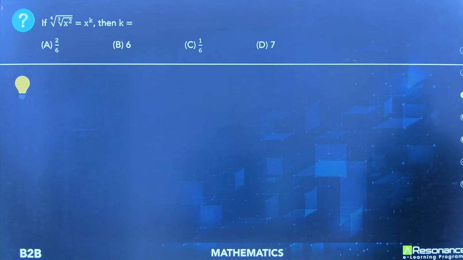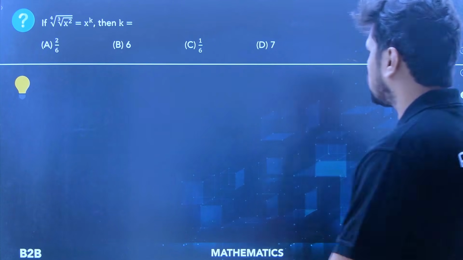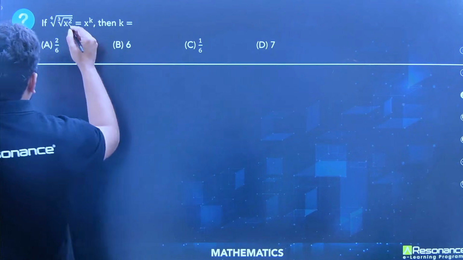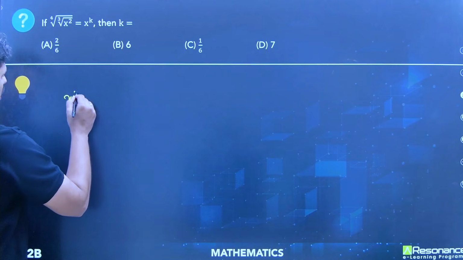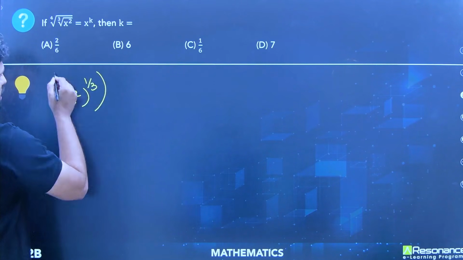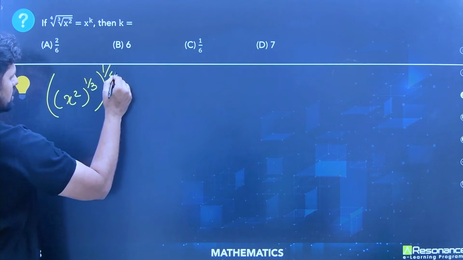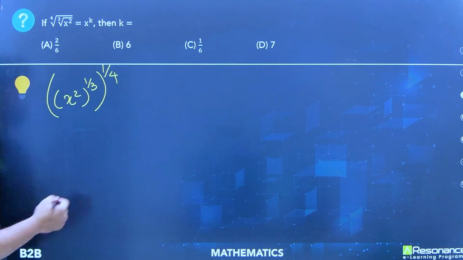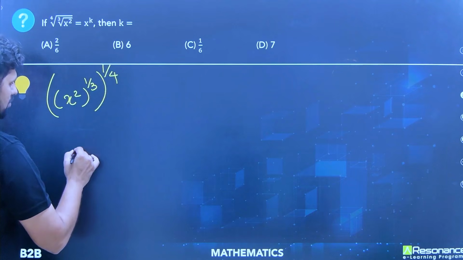Okay, start. Option C, C, C. Let's solve this. So it's written x square, then the third root is there. So power 1 by 3, then the fourth root is there. Power 1 by 4. Again, all will be multiplied.